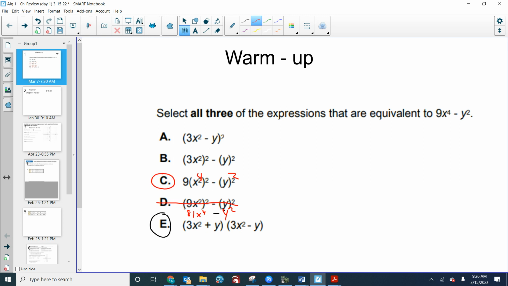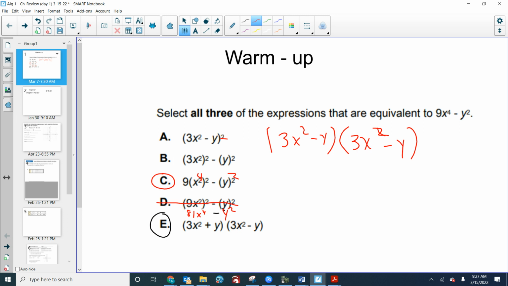So which one's left? Is it A or B? It's A, right? Yeah. No! Why isn't it A? Here's how you can check A. We've got 3x squared minus y, all squared. See how it's squared? So it means this, right, guys? You see how they're not a difference of squares?